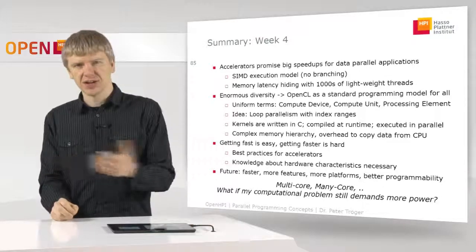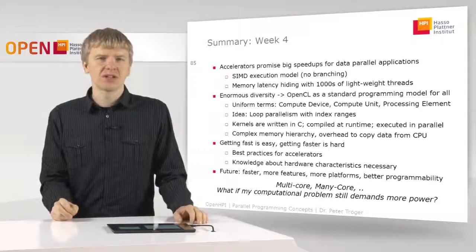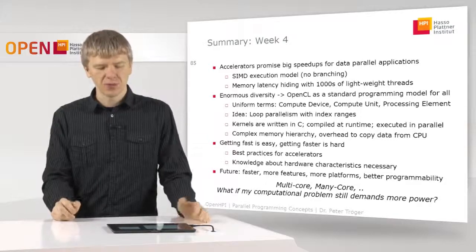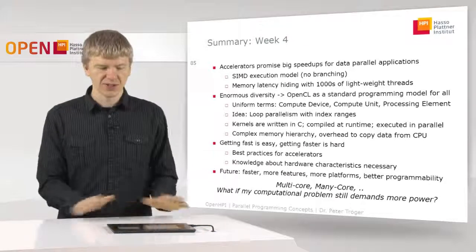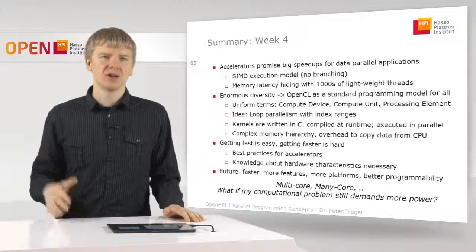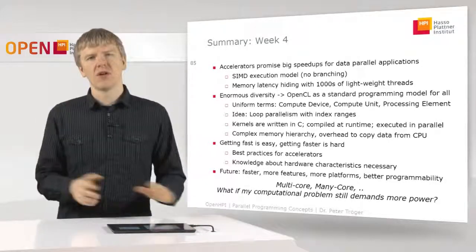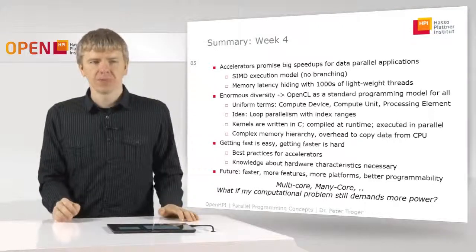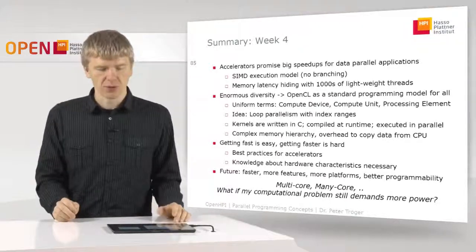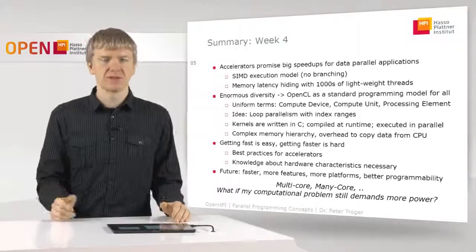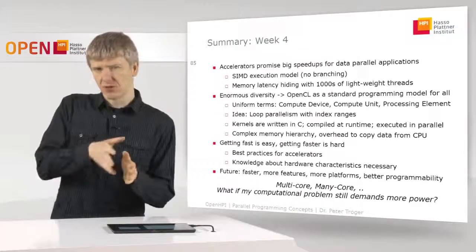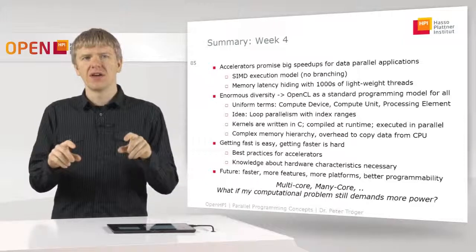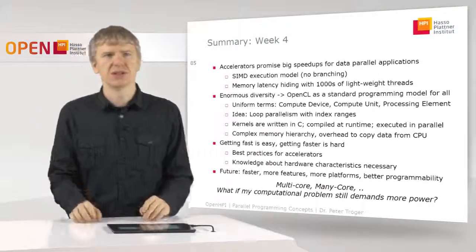We've seen that there's an enormous diversity on the accelerators, and OpenCL aims to be the standard model for all of them. So you could have one understanding of all the accelerators and use one programming model in order to use them all. Therefore it introduces uniform terms: compute device for this board, compute unit for basically a processor, and then processing elements for the cores.